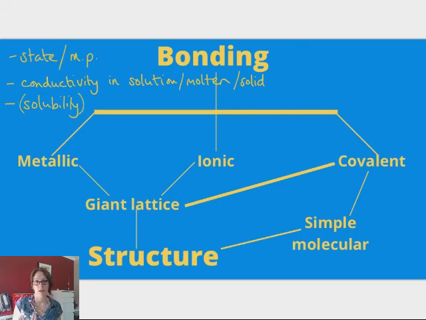Unlikely to come up so much when you're comparing, say, a metal with a giant covalent or an ionic with a metallic or anything like that, but might come up if you were trying to decide whether something was simple molecular or ionic, because you might get a clue about the different type of solvent that 2 different substances will dissolve in. So that's a little bit of an overview of bonding and structure.